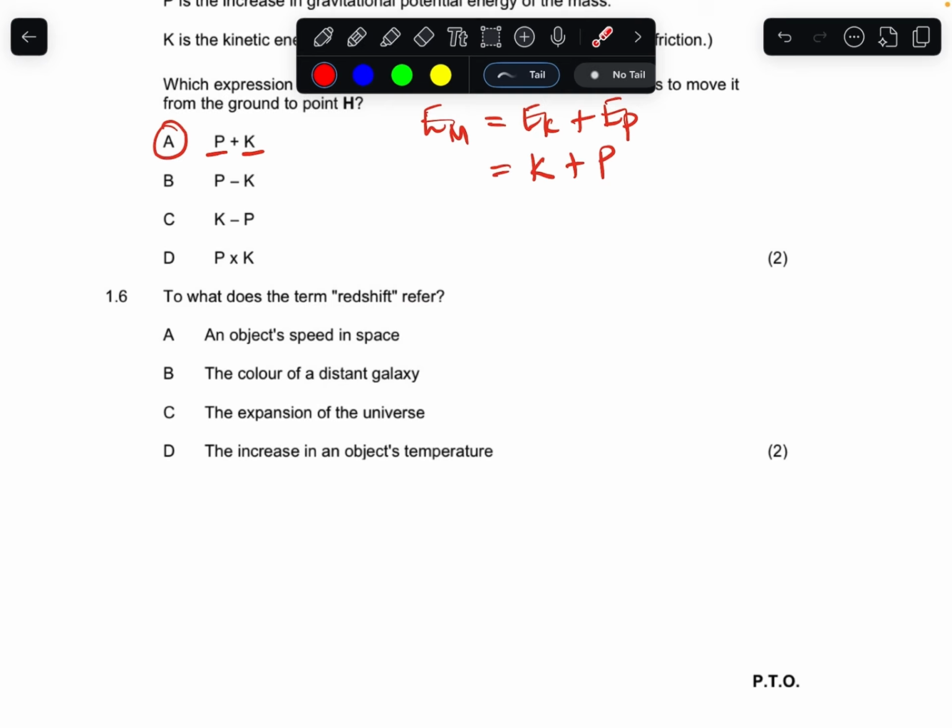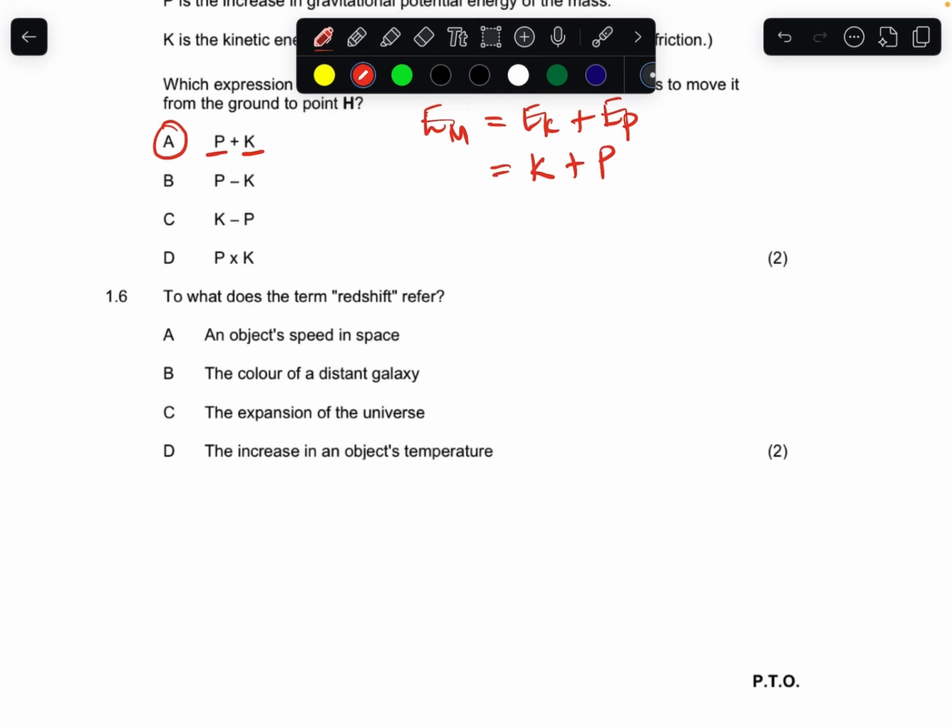When it moves away, that means its wavelength is increasing, and its frequency is decreasing. So one of the things that the redshift explained is that our universe is expanding. So the expansion of the universe proves the redshift, right?